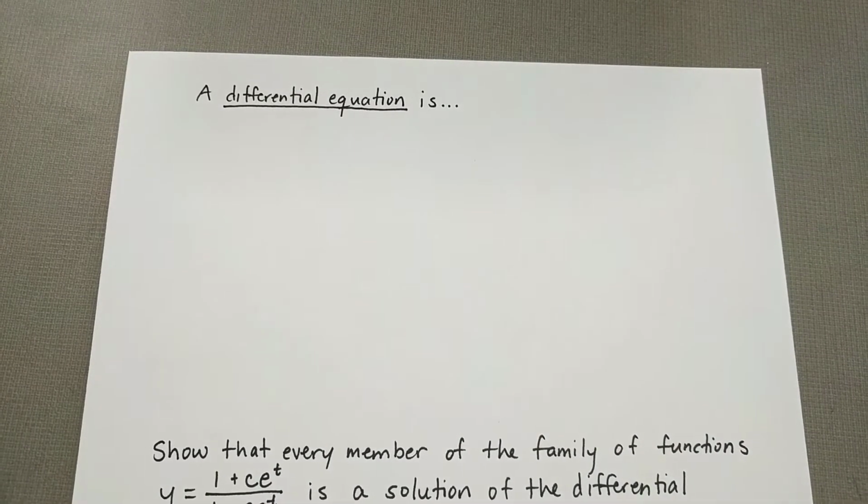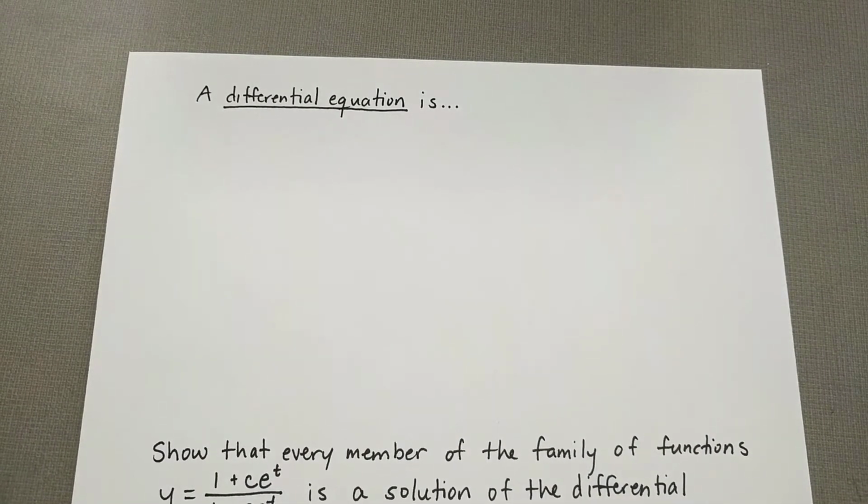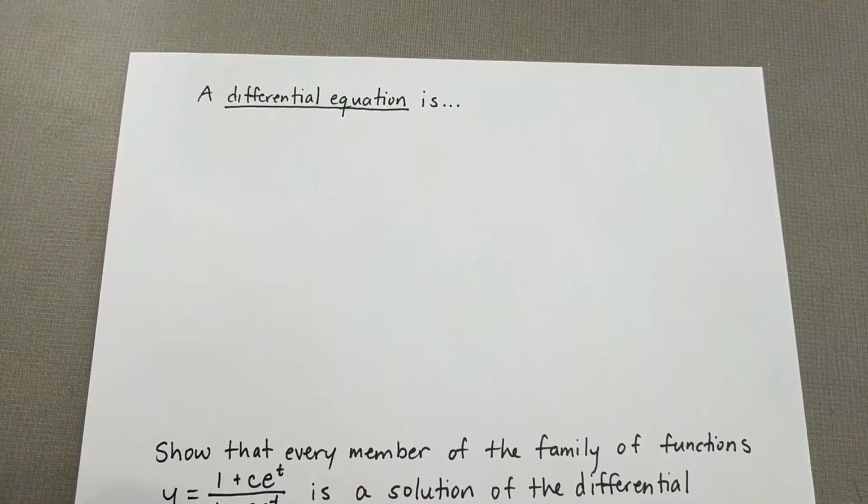So let's start with the definition of a differential equation. I think I just said out loud what the definition was last time, but we're going to write it down this time.